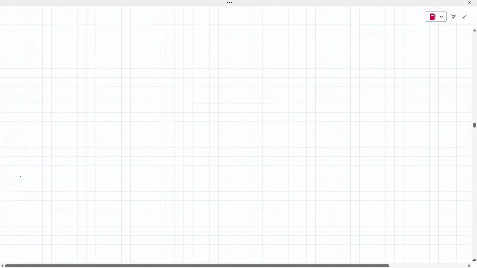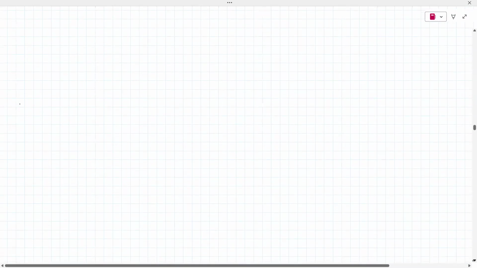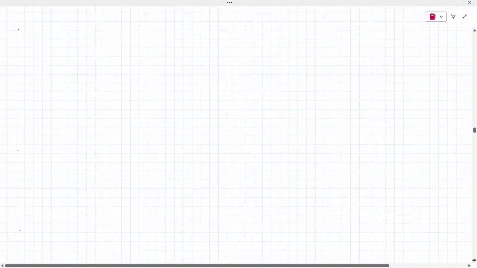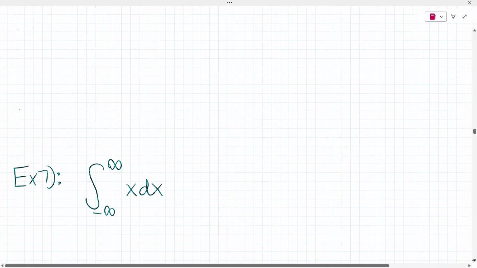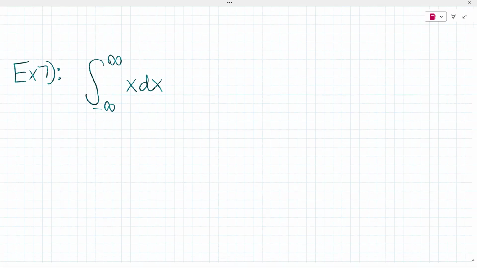Okay, let's move on to example 7. We have our boundaries from negative infinity to positive infinity of x dx. The integral of x dx is not too bad, but what is the rule if our boundaries are both infinity?